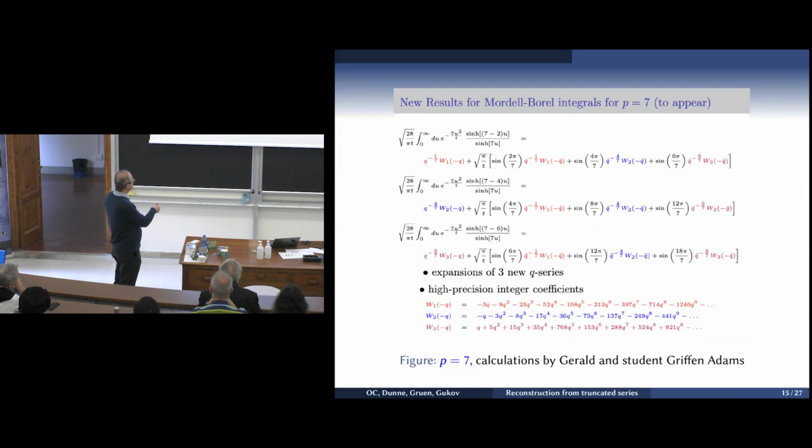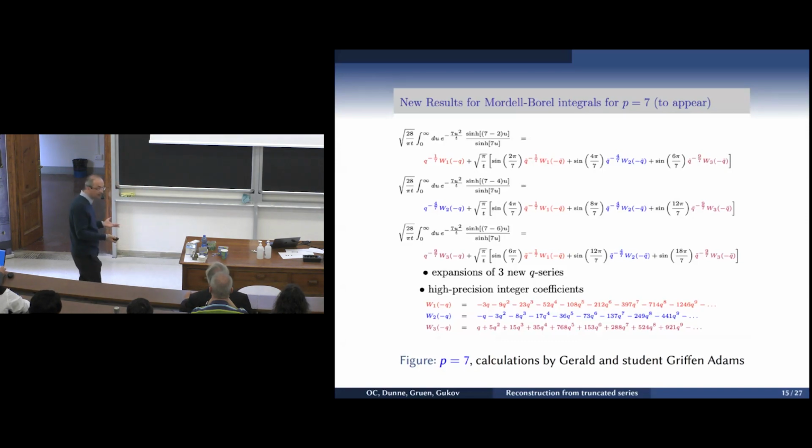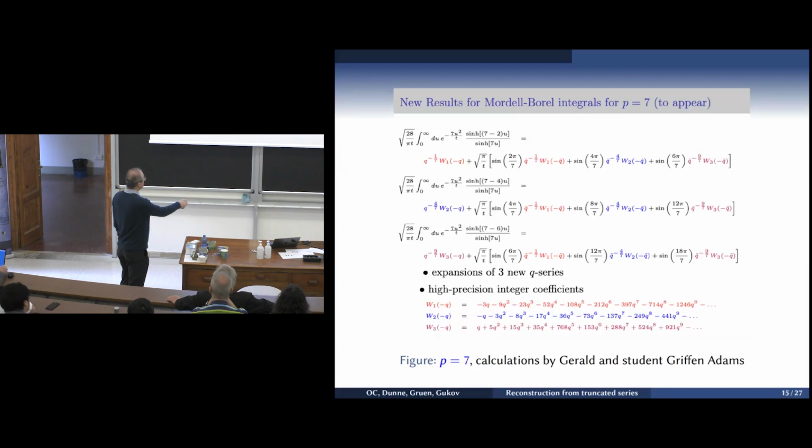You go on the other side, and as I'm going to mention in a moment, we have a numerical procedure to calculate the coefficients of the, say, generalized Mock thetas numerically out of the model integrals. And these are the first, I don't know, 10, and Gerald and his student, Griffin Adams, now have 20 or 21 or something like this.